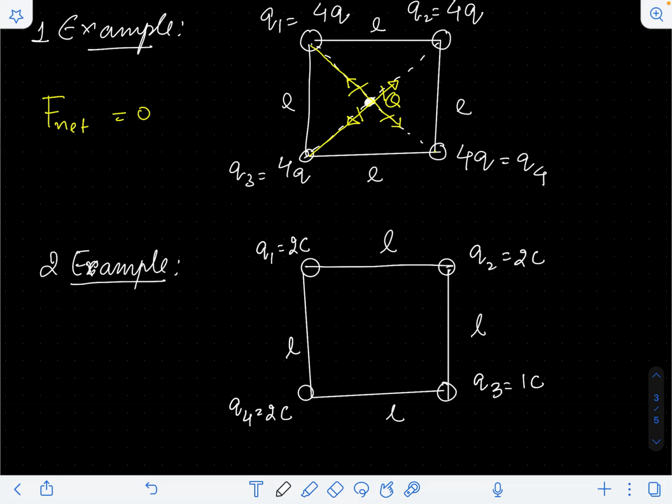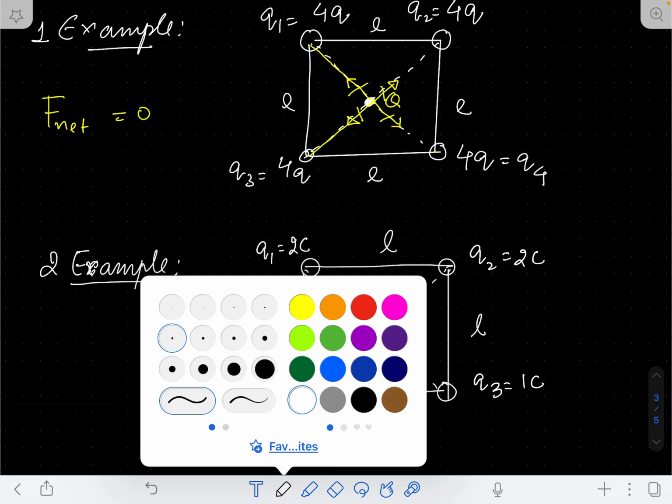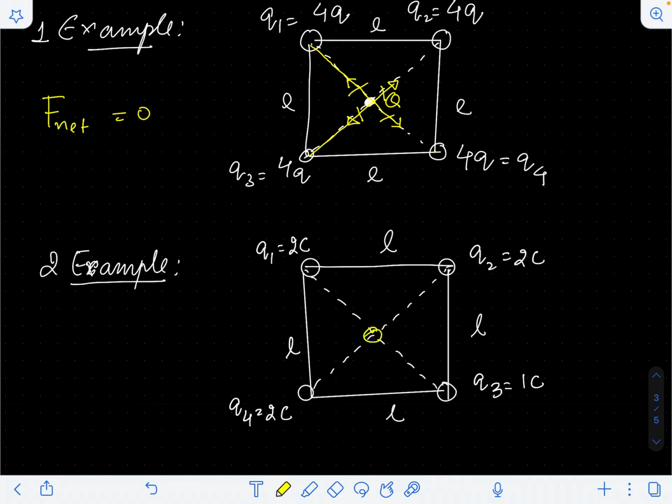In this situation, if there is a charge at the center of this square, then what is the net force acting on this charge which is placed exactly at the center C?